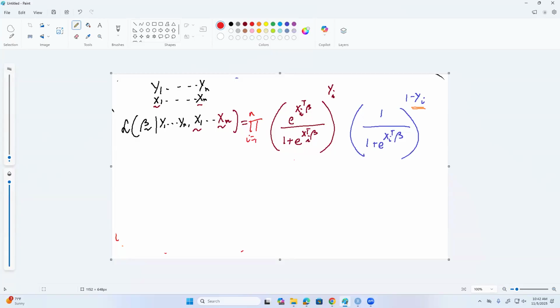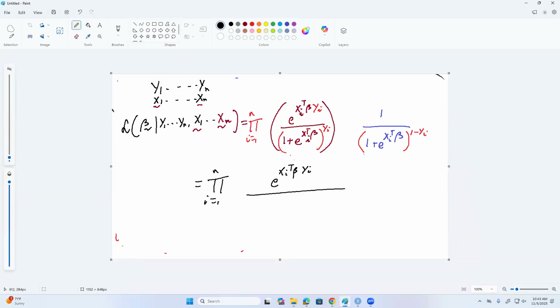Now, I can put this yi right here and yi right here, right? Next, e to the power xi transpose beta to the power yi.